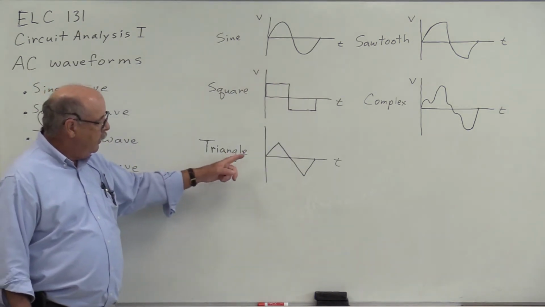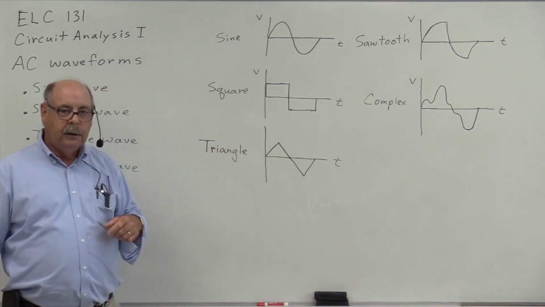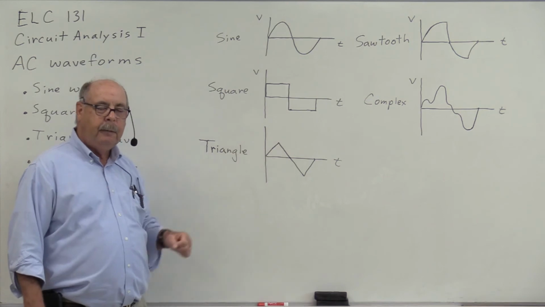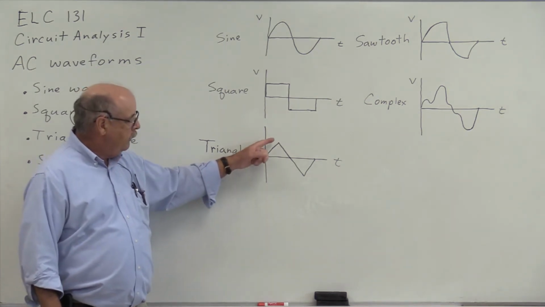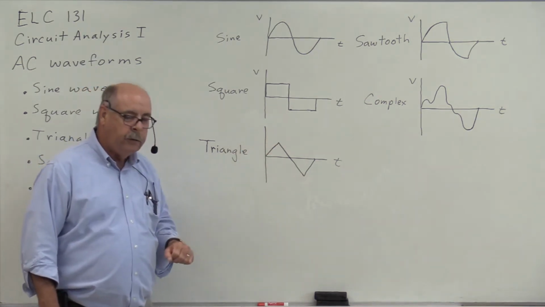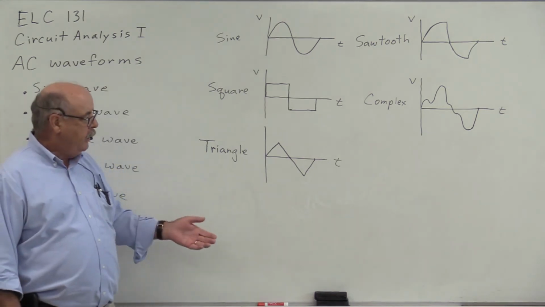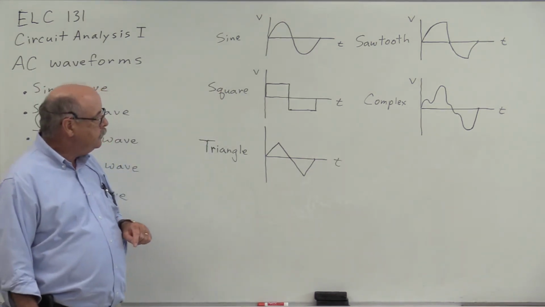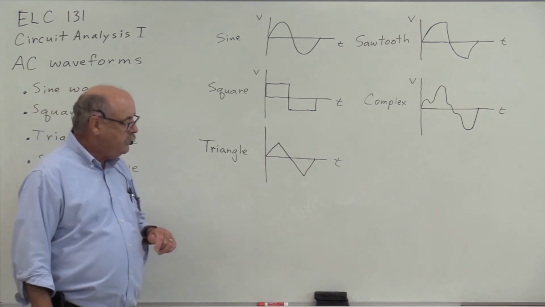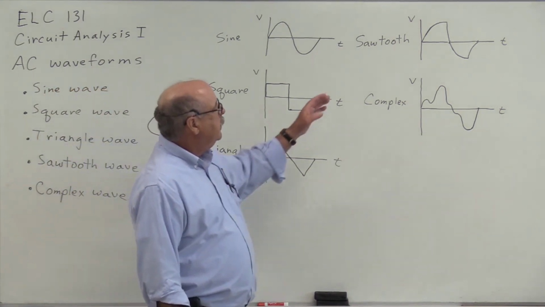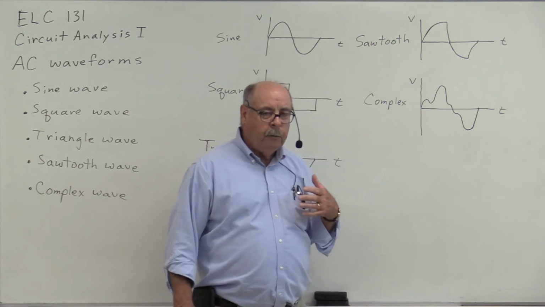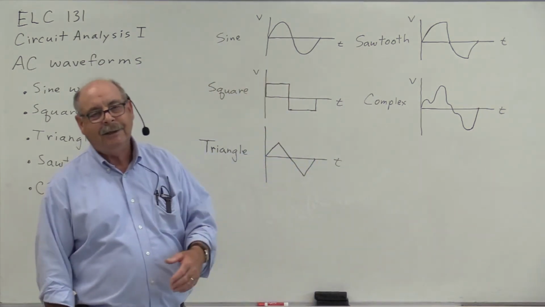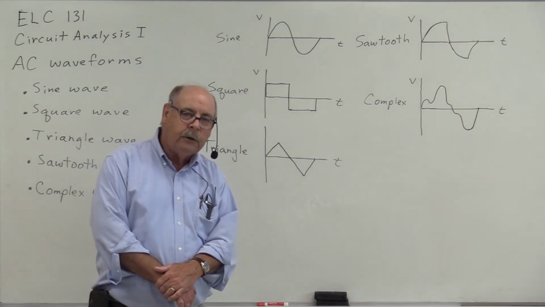And the triangle waveform is one that linearly changes from 0 volts up to some maximum value, and then from a maximum value to a minimum value, and then of course back towards the maximum value. Now we see sawtooth waveforms quite often, and we generate these through the use of resistive capacitive networks.